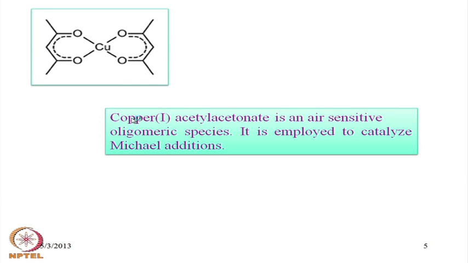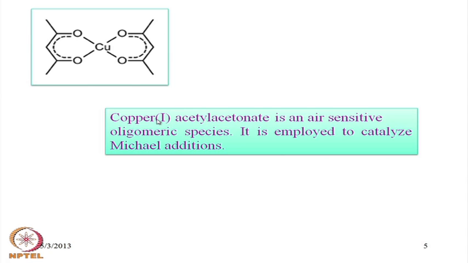In case of copper, we have the corresponding situation for the copper 2 compound. If it is a neutral compound, copper is present in the bivalent state.